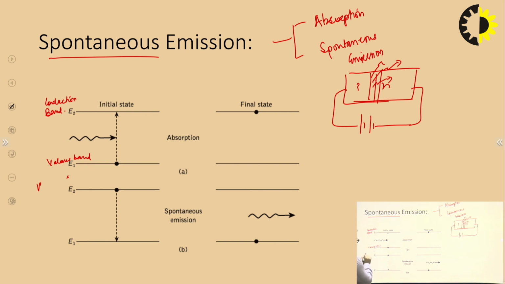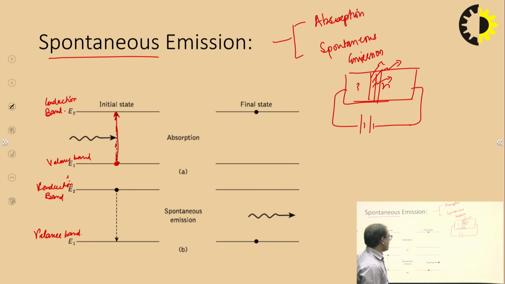Now if initially an electron is placed at the valence band, on getting energy this electron will jump from the valence band to the conduction band.